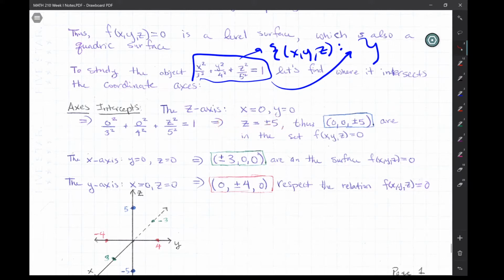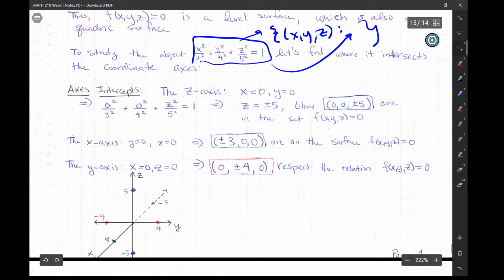What does that mean? That means the intersection of the set of points that respect this relation and are also on the z-axis are the points plus or minus 5. So far we have the points 5 and minus 5 along the z-axis. Those 2 points are part of our relation here that are on the z-axis. So along the z-axis, this object, whatever it is, intersects at 5 and minus 5.